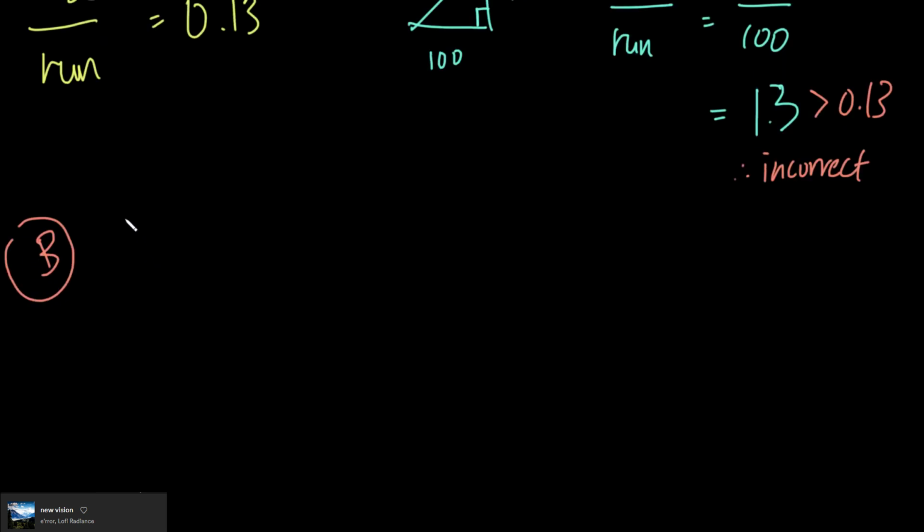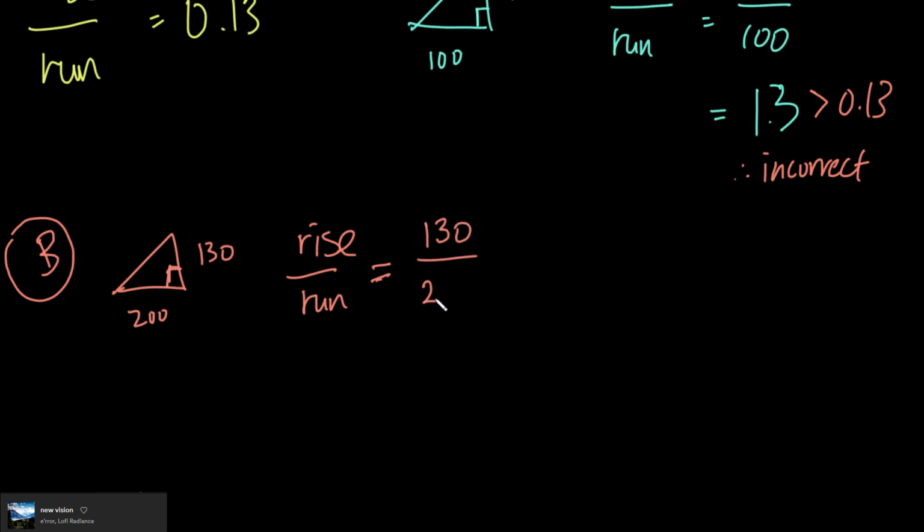Option B, again, I have a triangle. It's 130 and 200. So again, it's rise over run. Rise here is 130 centimeters, divided by run, which is 200.